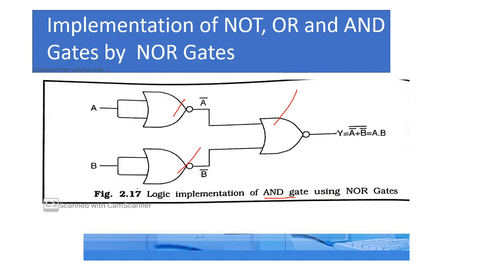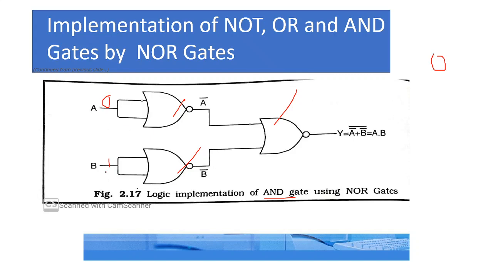So let us see if this works with the inputs. Suppose A is equal to 0 and B is equal to 1, so the output of the AND gate here is 0. Let us see if this comes with this circuit or not.